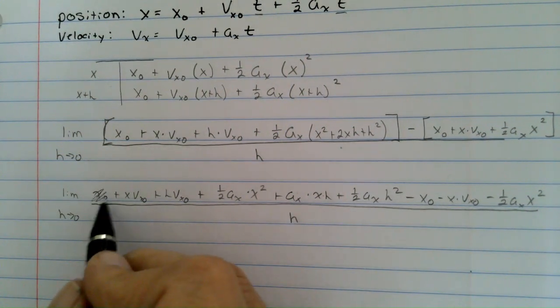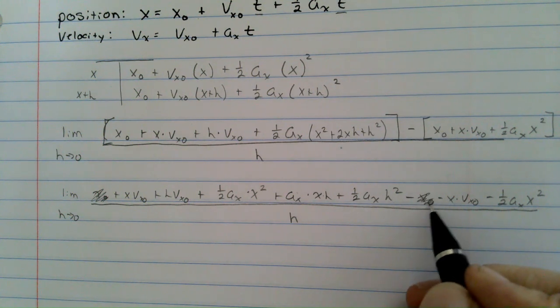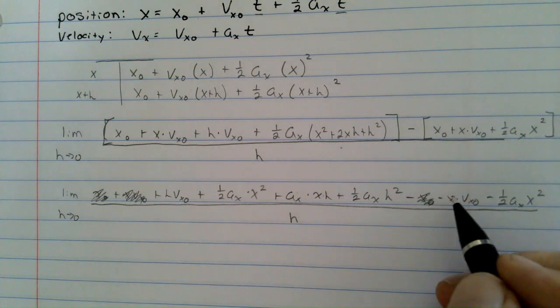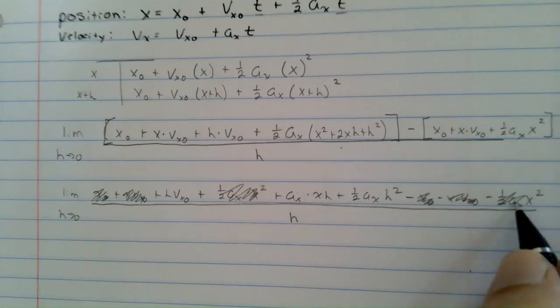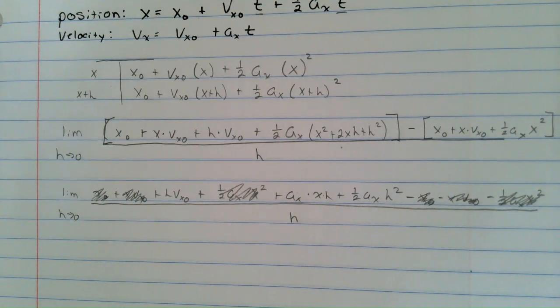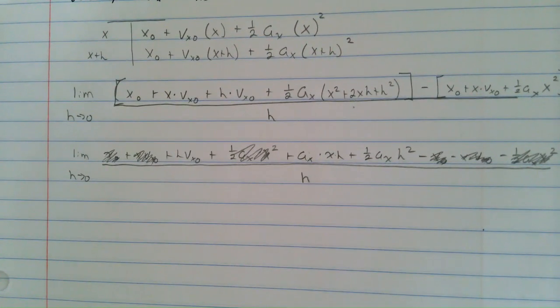Okay, x sub 0 minus x sub 0, x v sub 0, x v sub 0, 1/2 a x squared, 1/2 a x squared. Everything now has a factor of h in it.